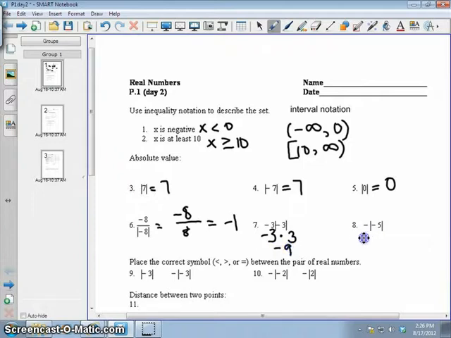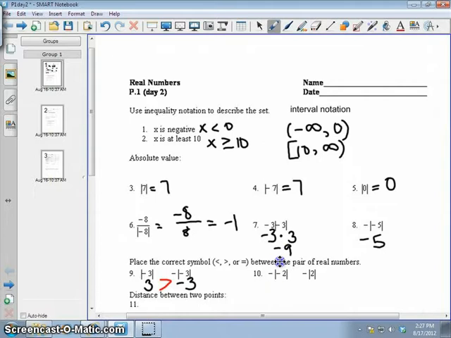For number 8, it's the opposite of the absolute value of negative 5, so it ends up to be negative 5. Number 9, the absolute value of negative 3 is 3, and the opposite of the absolute value of negative 3 is negative 3, and so the symbol that goes in between is a greater than sign.